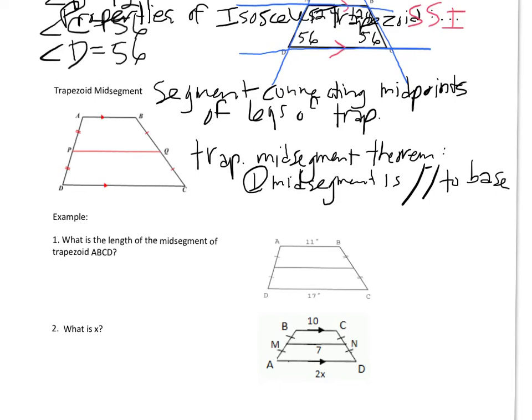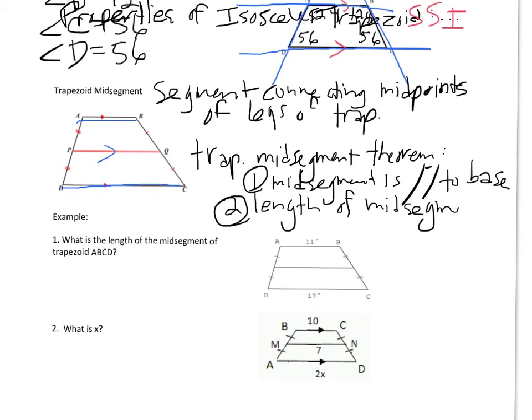So that's to say that red line is parallel to these bases, which makes sense. And then the other property we know is that the length of the mid-segment is 1/2 base 1 plus base 2. So it's kind of like the average of the two bases.